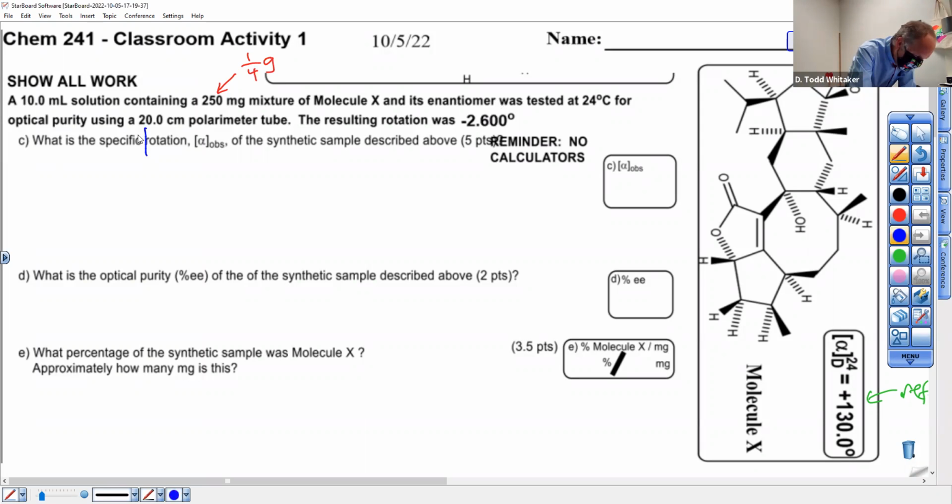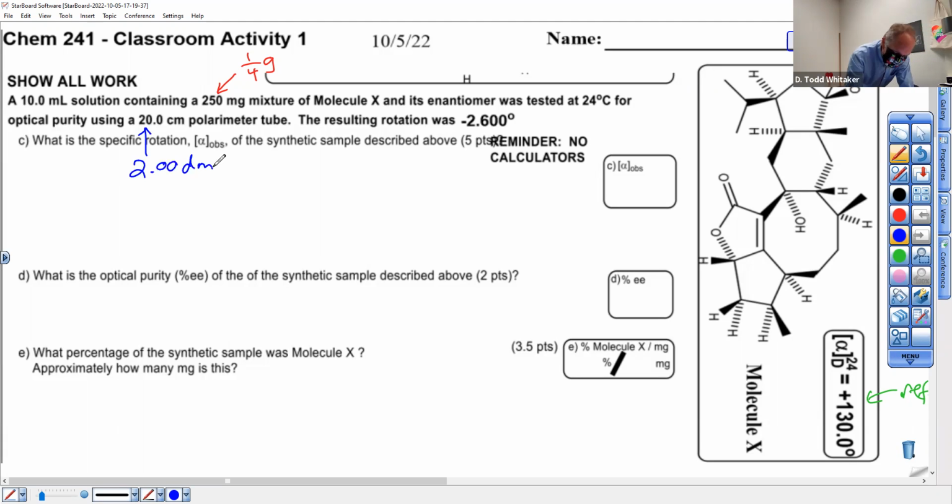We have to do that. Remember, there's 100 centimeters in a meter, and there's 10 decimeters in a meter. So there's 10 centimeters in a decimeter, right? 10 times 10 gives 100. So how many decimeters is that? 2.